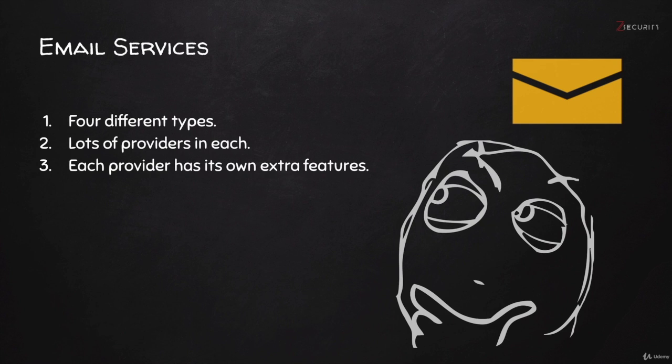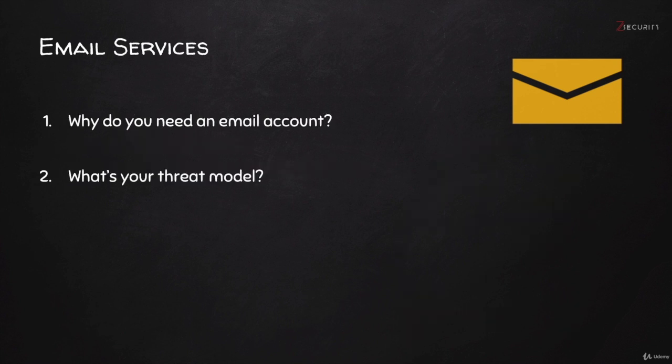So, as I mentioned at the start of this section, when you want to pick an email service, you want to keep two main things in your mind. Why do you want to use this service, and what's your threat model? Who might be trying to de-anonymize you or discover your location?